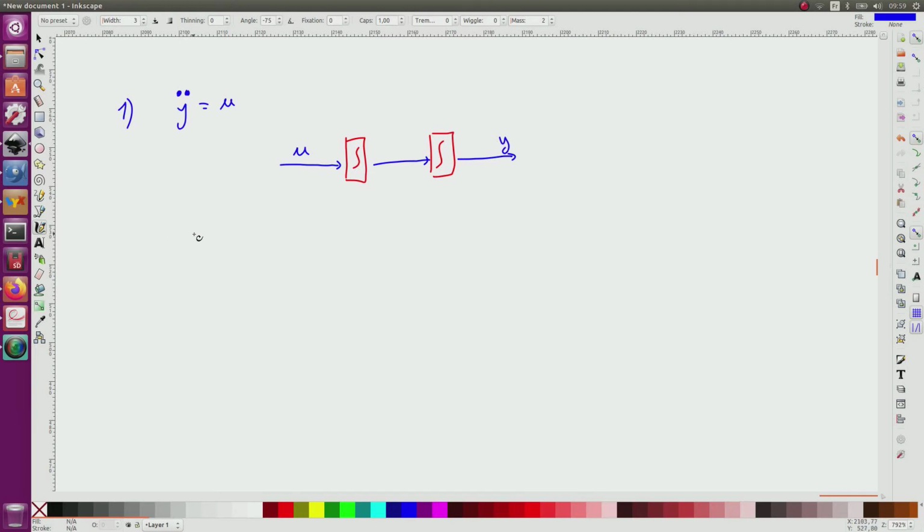The state representation is given by x dot 1 equal x2 and x dot 2 is equal to u. So it means that here I have x2 and here I have x1.